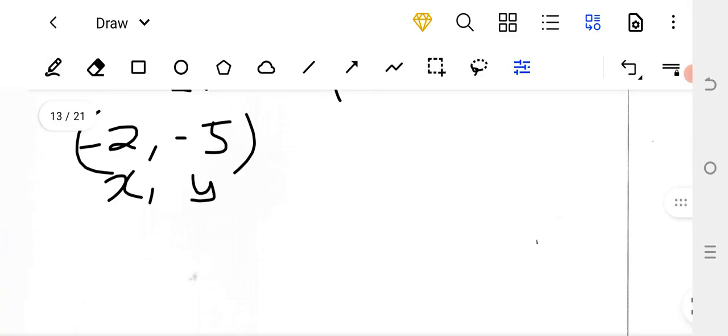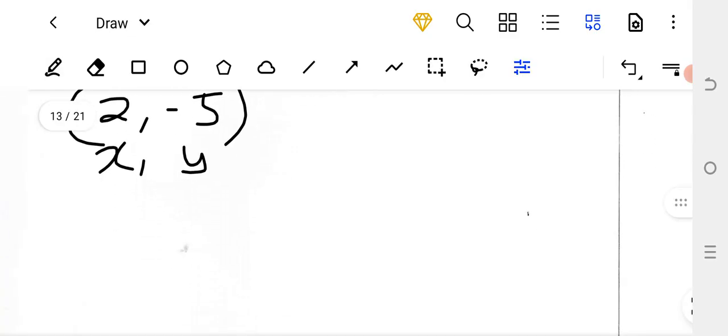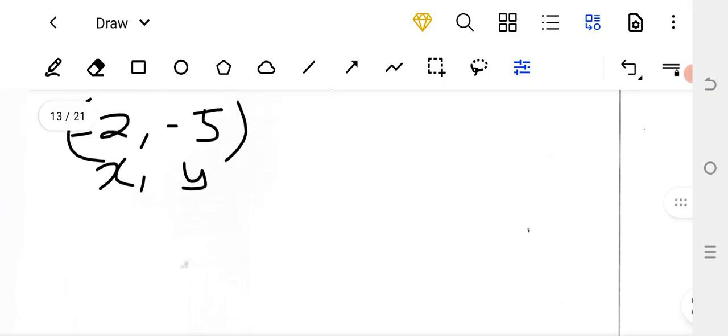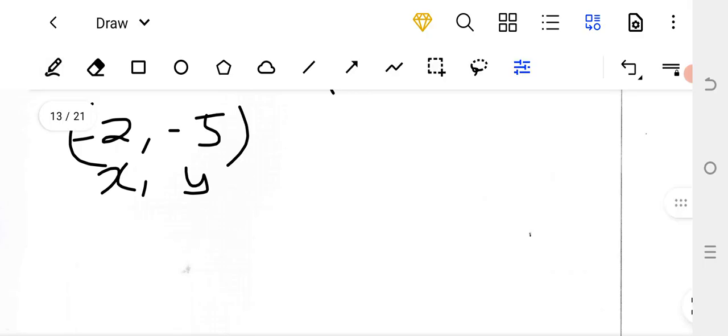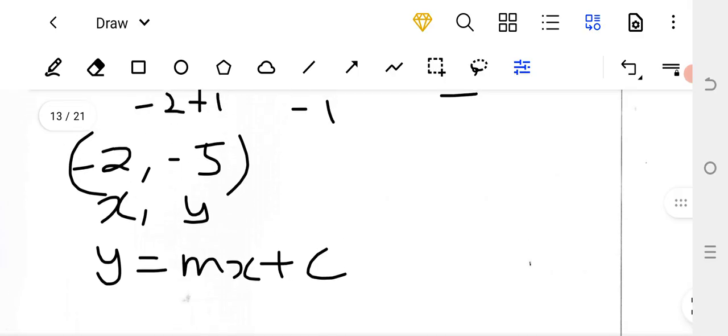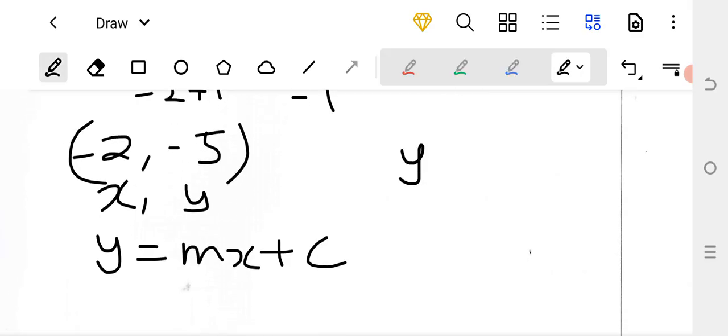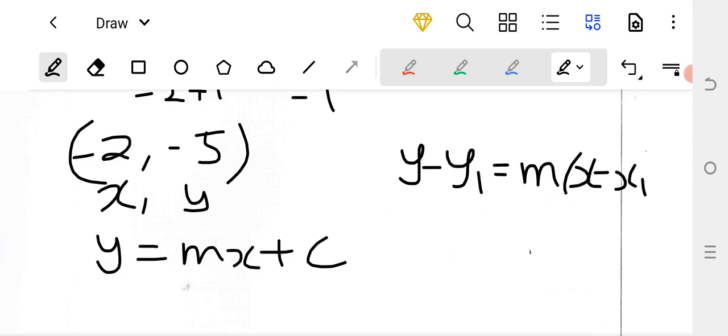So to find the equation of the normal, we can say y equals mx plus c. I'm going to use the easy equation because it's fast. You can use this equation, or you can use this other one, which is y minus y1 is equal to m(x minus x1). This or that will give you the same result.